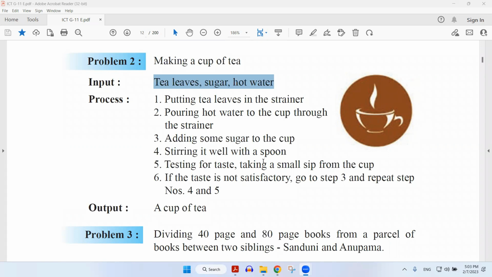repeat. It's like you are reaching your school. Let's say this is your home and this is your school.